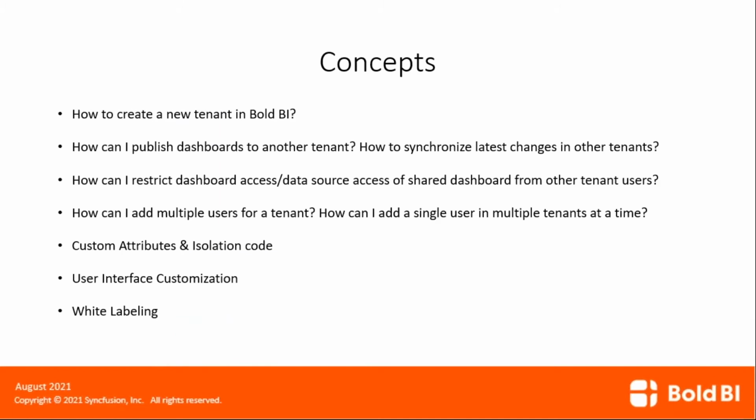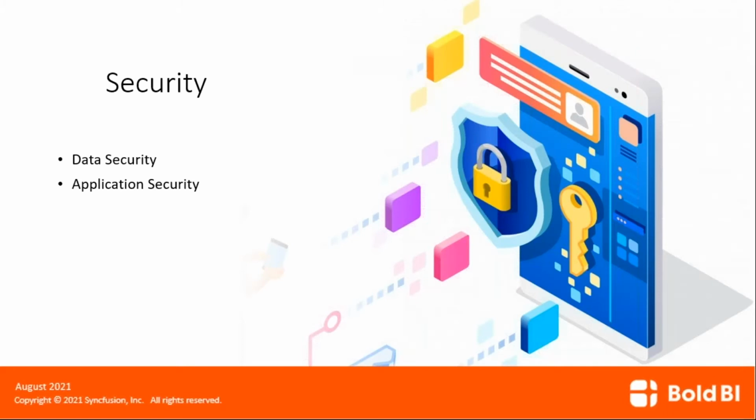Now, what about security in Bolt BI? Bolt BI provides both data security and application security. On the data side, every tenant user can only log into their tenant and access only their resources. A user belonging to the tenant can only see the users belonging to that tenant and can share dashboards within the tenant.